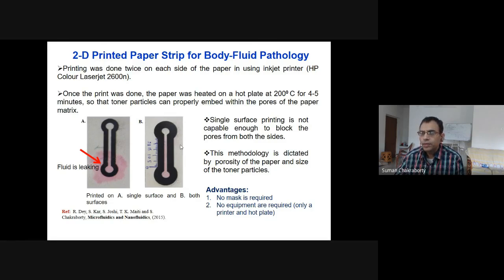If the manufacturing is done in this principle, then it doesn't need a mask, which is commonly needed for microfabrication, and only a printer and a hot plate is good enough, and no equipment is required.